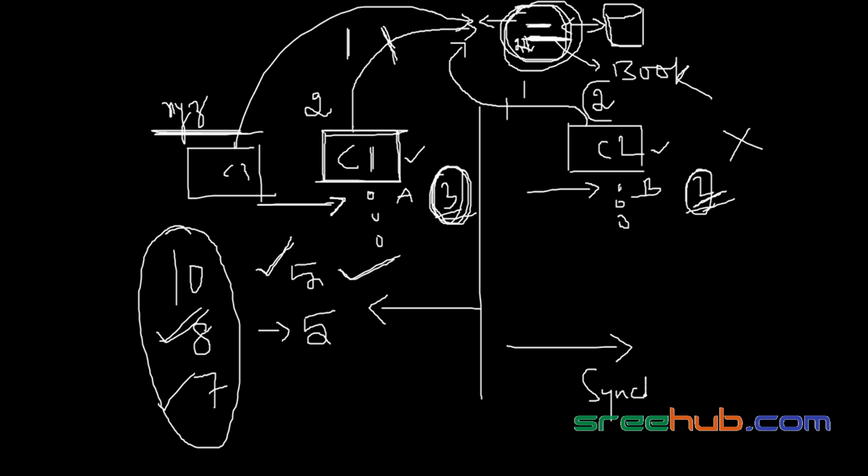So what is synchronization? Synchronization of threads. Synchronization is actually locking an object. The basic use of the keyword synchronized is that you are placing a lock on some object.